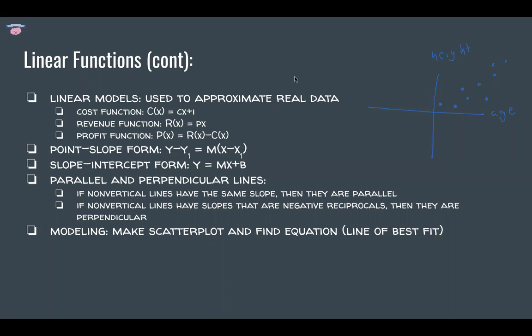So you can use some sort of graphing calculator. Desmos actually does this, but you can find the line of best fit. And it's basically the line that is the average of all the points.